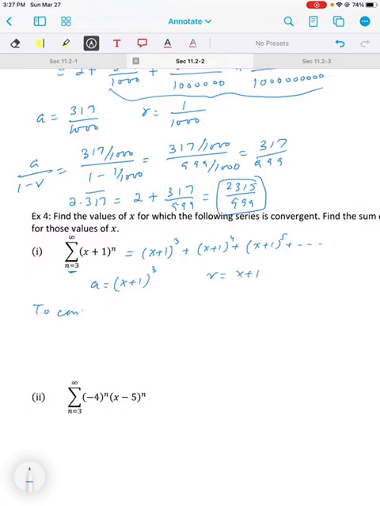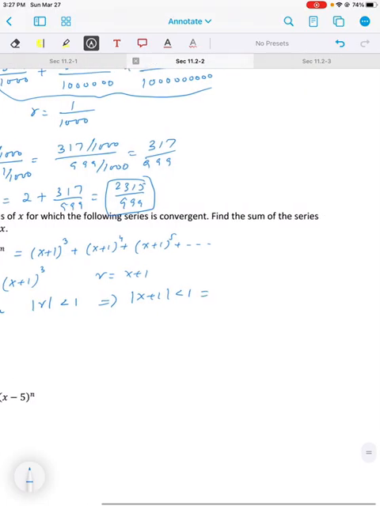So to converge, we must have that the absolute value of r is less than 1, which means the absolute value of x plus 1 is less than 1. Because we need to find the values of x, we expand this inequality, and we get negative 1 is less than x plus 1 is less than 1.